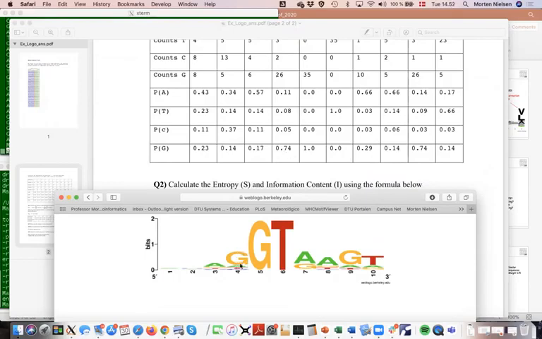So this G here occupies 74% of the total information content height, right? And then the A is the second, because the A has 11%, then T has 8%, and C has the last 5%. So you color them according to the frequency, and you sort them from high to low, most frequent on top.